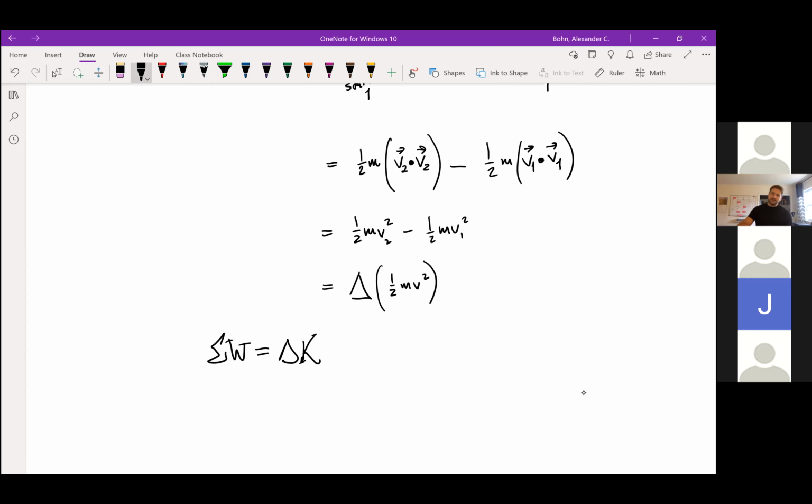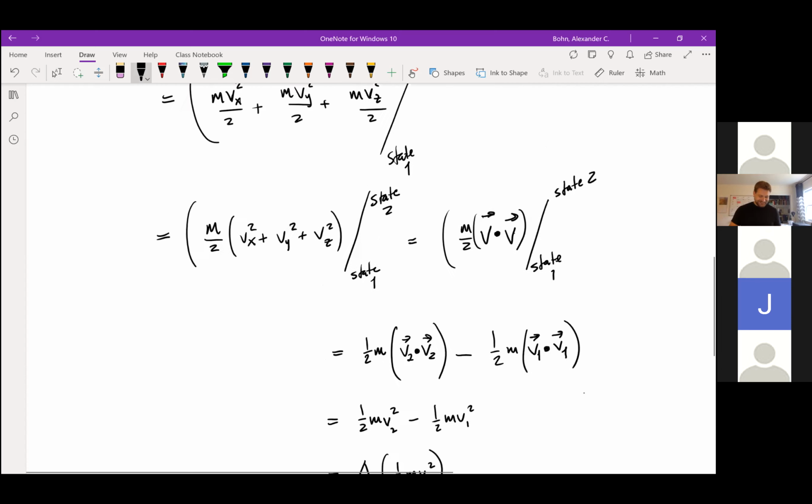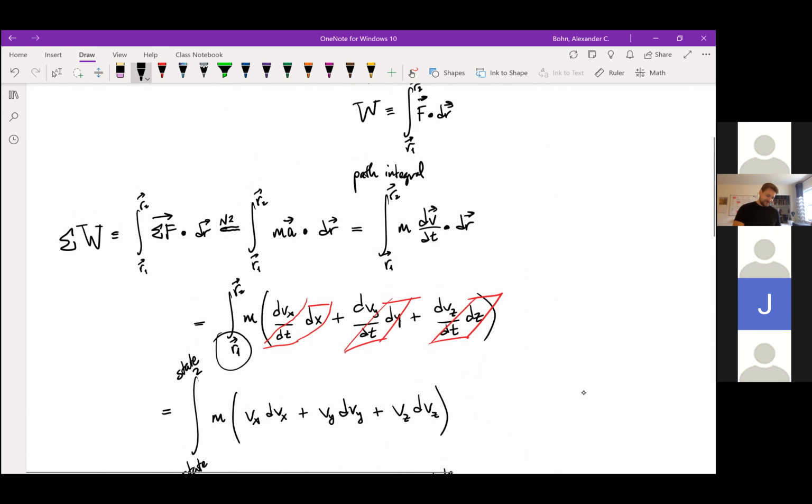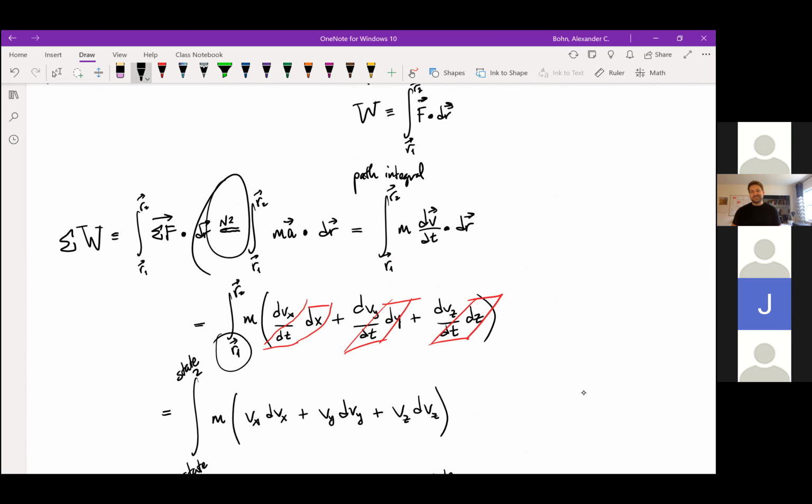This is the work energy theorem. It's what is called the work energy theorem. Technically, it's just Newton's second law again, with a couple extra definitions.